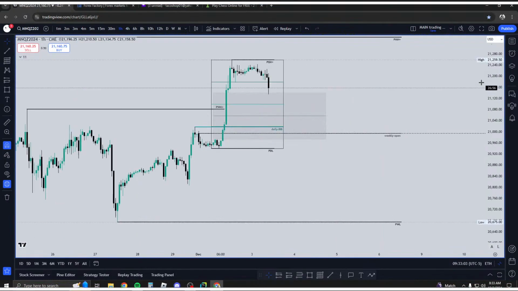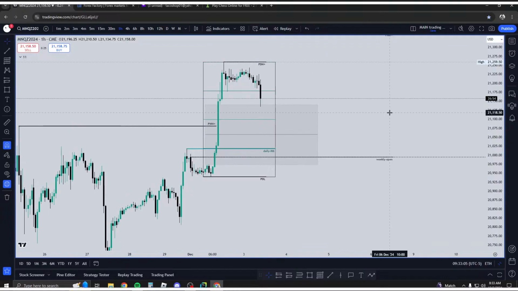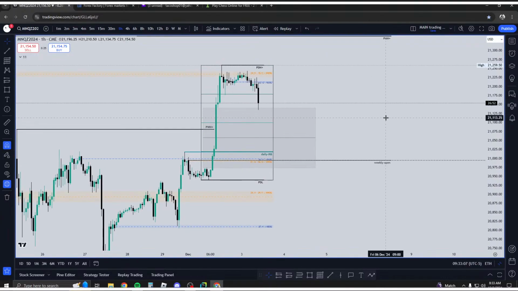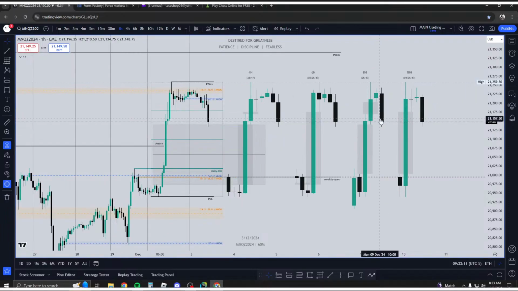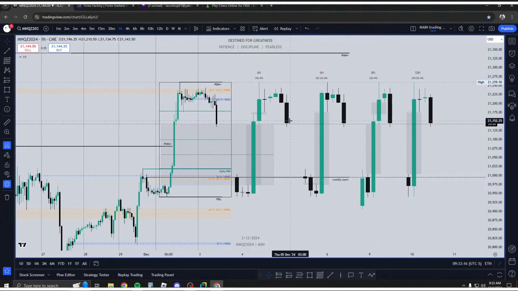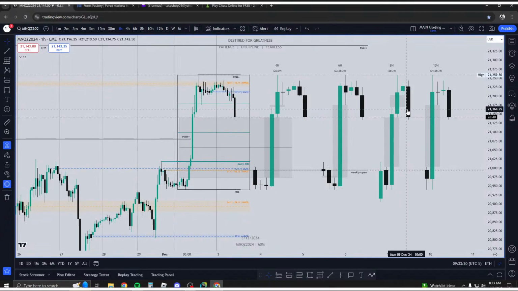But one thing I am looking out for coming into this morning is how we close here on this 8-hour time frame and this 4-hour time frame. Depending on how we close on this 4-hour and 8-hour will tell me if we're going to be bullish or bearish for the morning session.